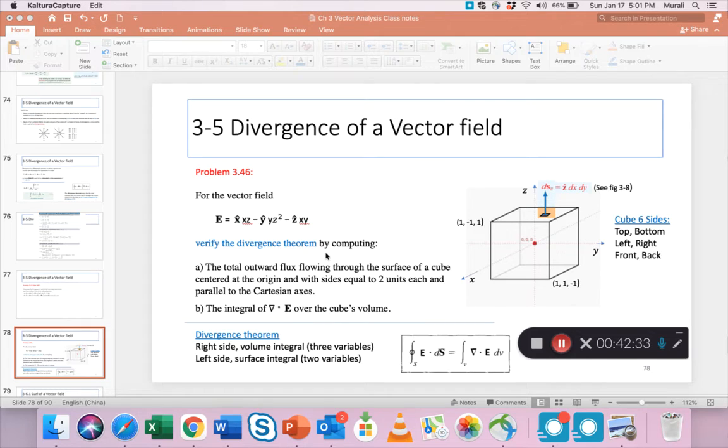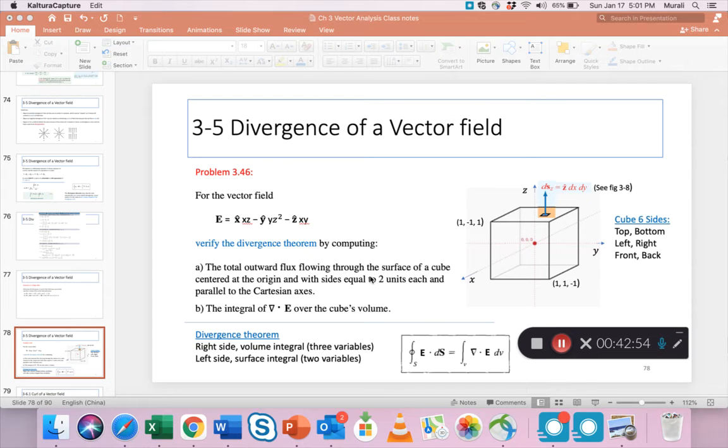Okay? So we are given a vector field and the surface on which to apply this, we have to find the outward flux, right? Flux means you have to do a surface integral, area integral.